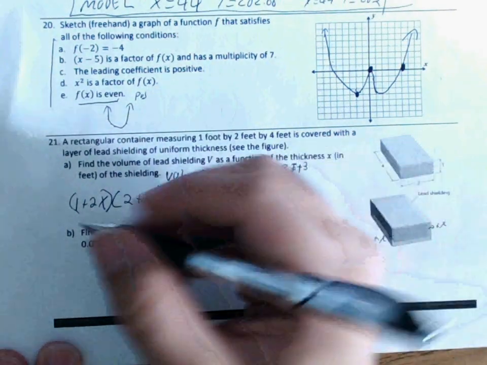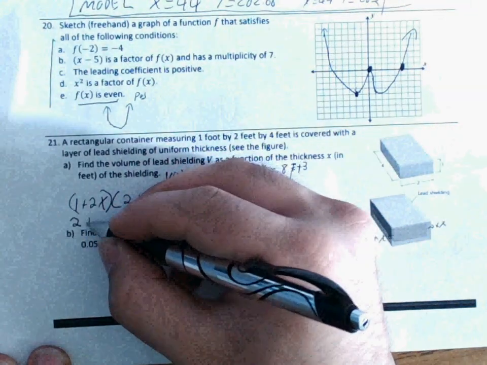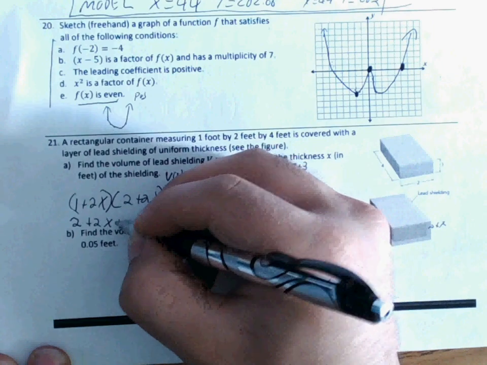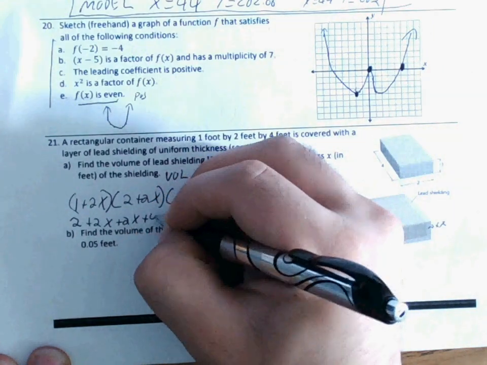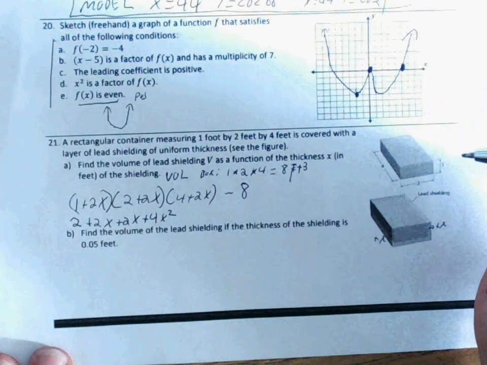So this becomes 2 plus 2x plus 2x plus 4x squared. So that's multiplying the first two terms.